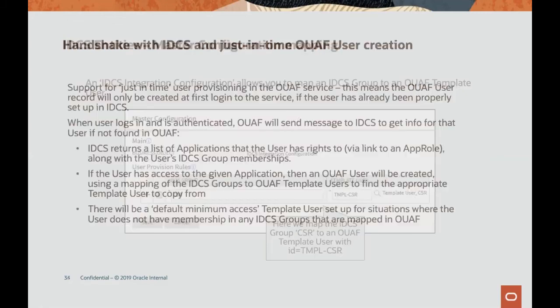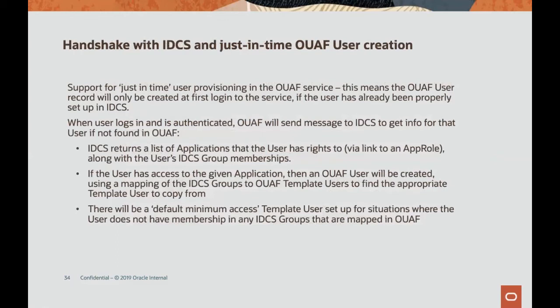Once that mapping is in place, we can do this kind of just-in-time user setup inside the application environment. As mentioned, when the user tries to log in, given the URL for, let's say, the production environment, authentication of the user ID and password will go through IDCS.